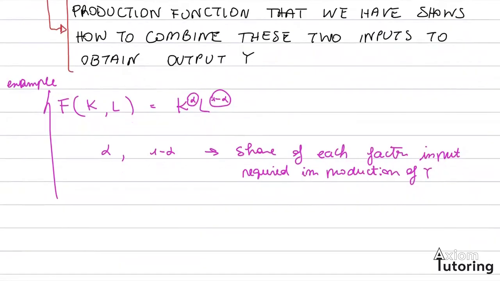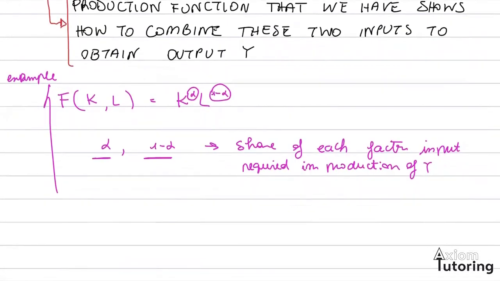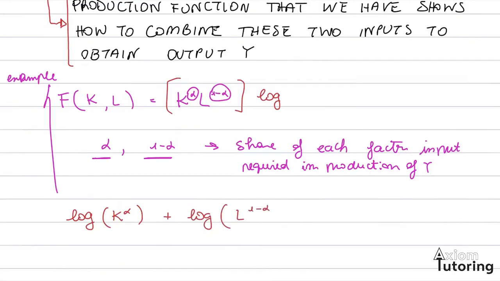And why are these the shares? Well, because if we take, for example, the log of this whole equation, we could break it down according to the laws of the log. So we could easily say that this is equal to log of K to the alpha plus log of L to the power of 1 minus alpha, because we know that if we have a multiplication between two terms within a log, that is going to become a summation. We could sum the individual logs.